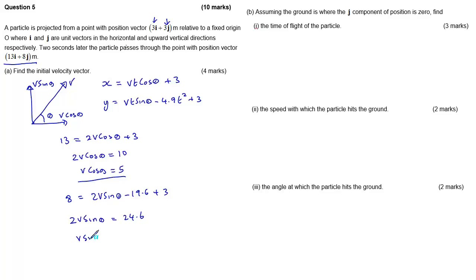And so v sin theta would be 12.3. Now, this is the initial velocity, and this is the initial velocity upwards. So we can say that v of 0 is (5, 12.3).